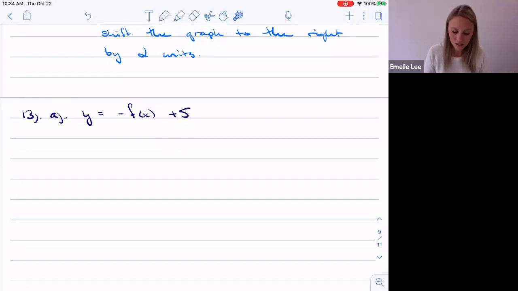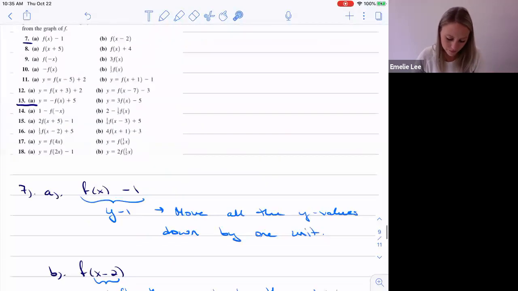I want you to start at the core function f of x, whether it be x to the power of 3, x squared, whatever this function is, it doesn't matter, as long as you remember what those general shapes look like. Then we can keep track of what's going on here, and from there you're going to bloom out. You've got this basic function, and the first thing you have to do is take the negative of all the y values.